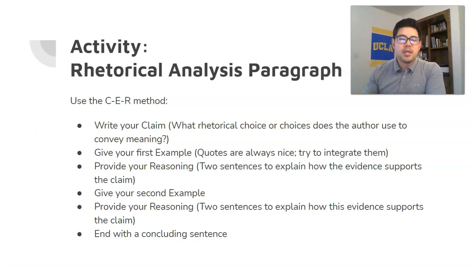So really try to integrate that quote, and then provide at least 2 sentences where you explain how that example you chose supports the claim that you made, and then have at least 2 examples per paragraph. So in this paragraph, you're going to have a second example and then at least 2 more sentences to explain how that example supports your claim, and then always end with a concluding sentence.